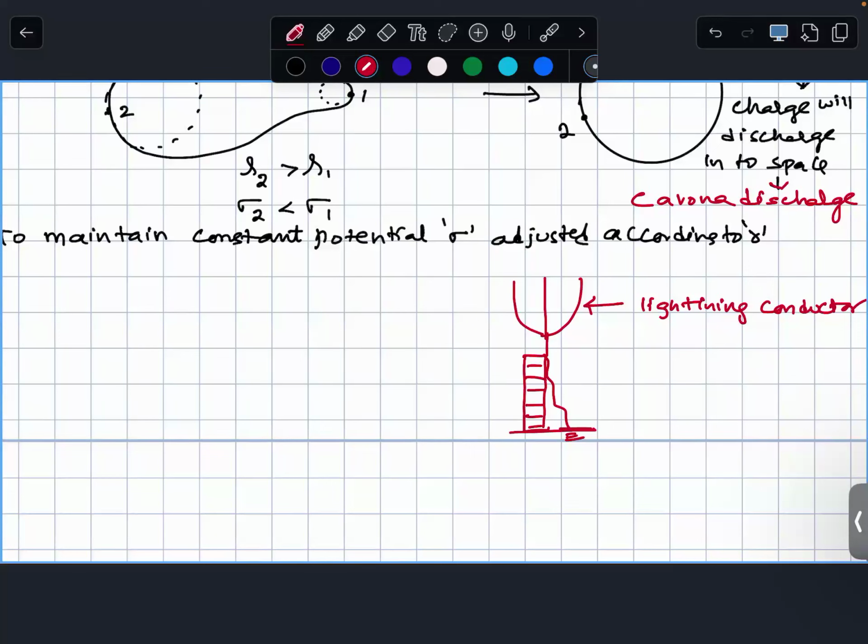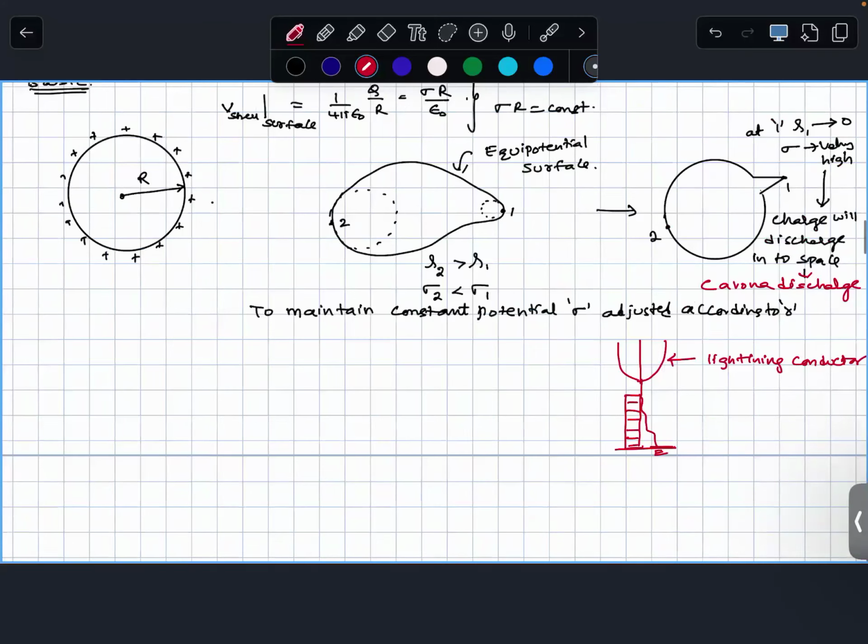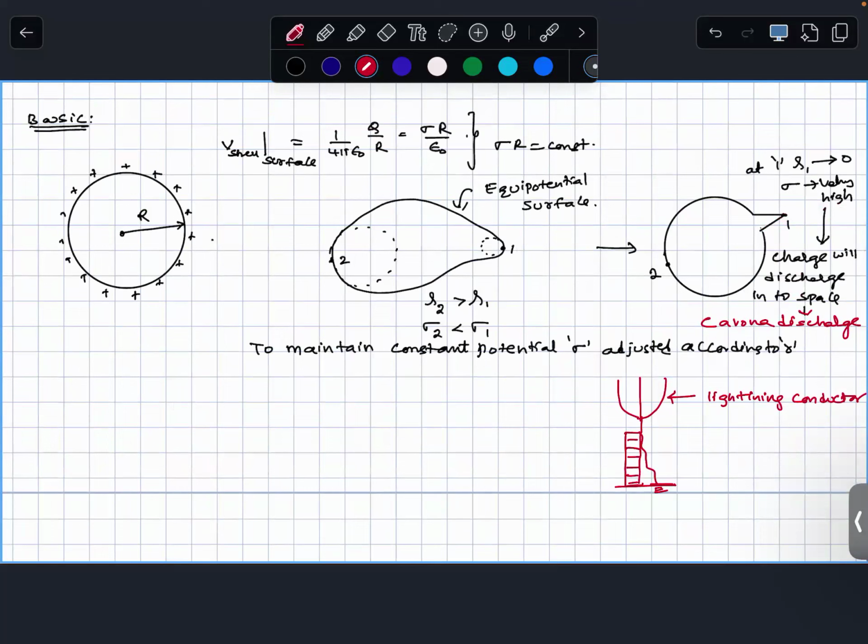The sharp edge will catch that particular charge and discharge it to the earth through some conducting wire like this. This will avoid passing of charge through the building, and we are protected because of this. Right? So I've just introduced the basics related to this.